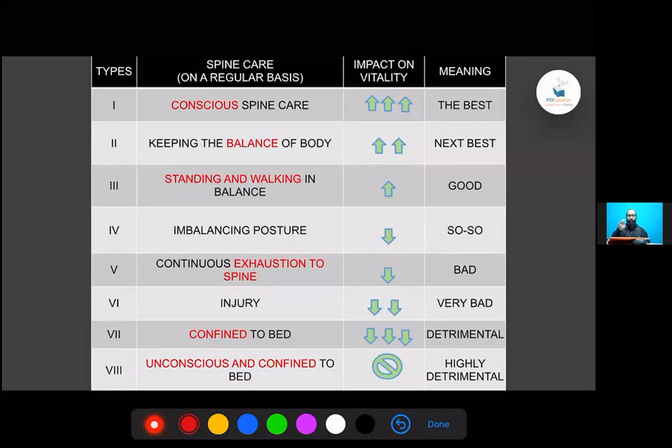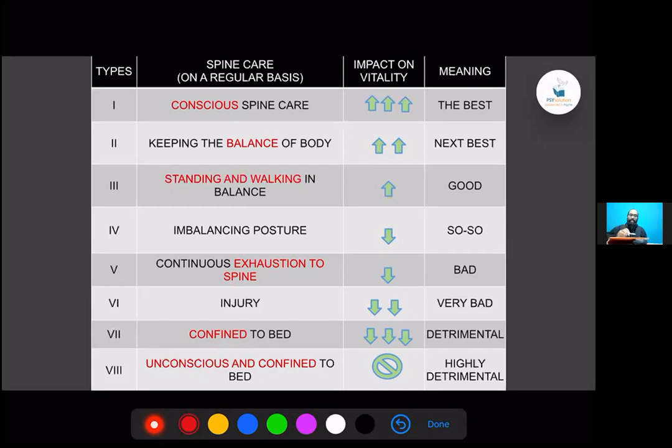So spine care actually relaxes the whole body, because the spine is the central axis and connected to each and every corner of the body. So the spine has extra importance in pure nature cure recommendation.